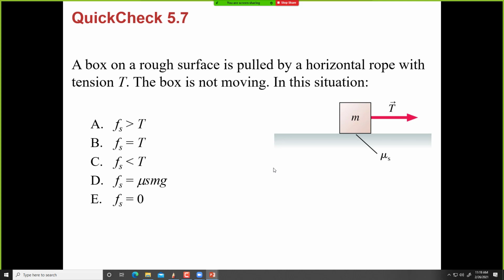So in this situation, which one would be the correct expression? A: static friction is greater than tension. B: static friction is equal to tension. C: static friction is less than tension. D: static friction is equal to mu s mg, or there is no static friction.